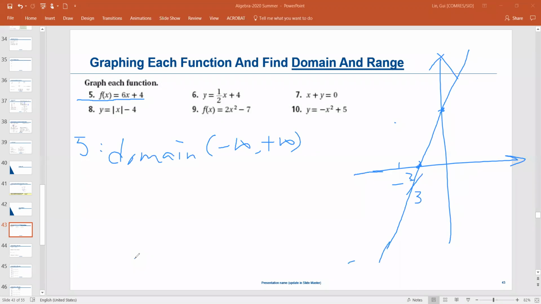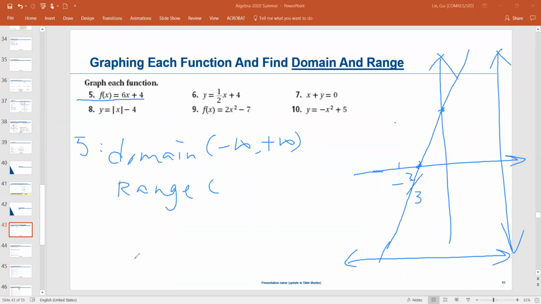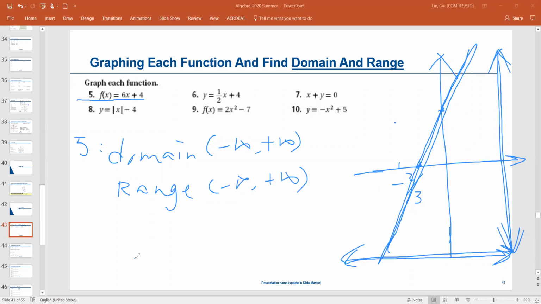Because they can pick any numbers from here to here. What about the y value? The y value is also from negative infinity to positive infinity, so the range will be negative infinity to positive infinity, right?